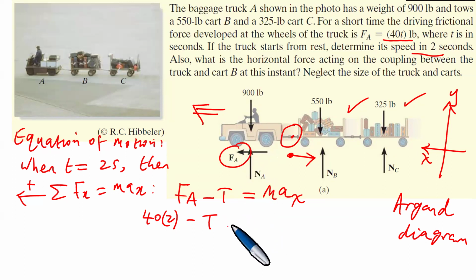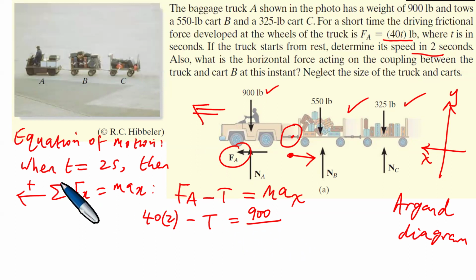I want us to analyze and see what happens here. Fa, remember, is this horizontal force that the truck is driving, and it is because of the engine of the truck, of course. But the tension there is pulling the truck to the back. Now, dealing with the truck alone, we know very well that the weight of the truck is 900 pounds.